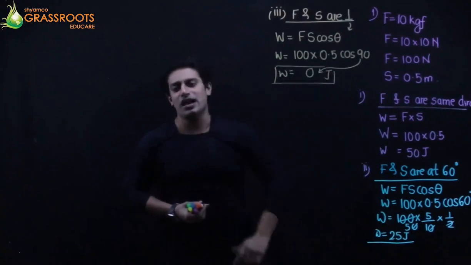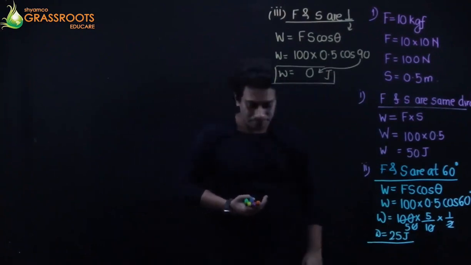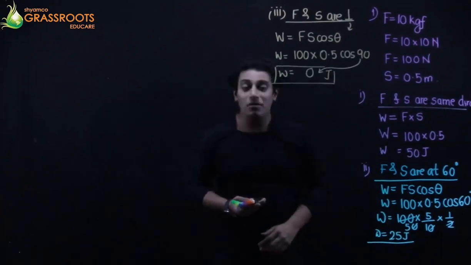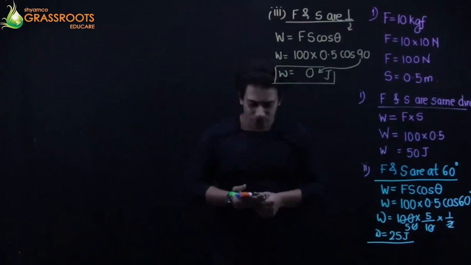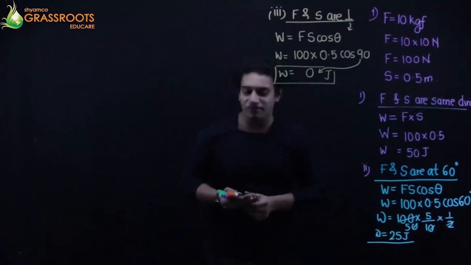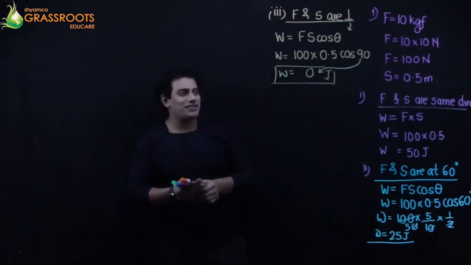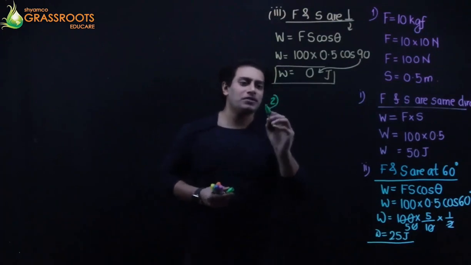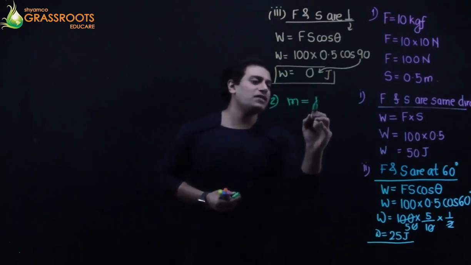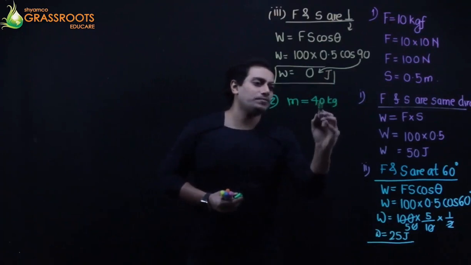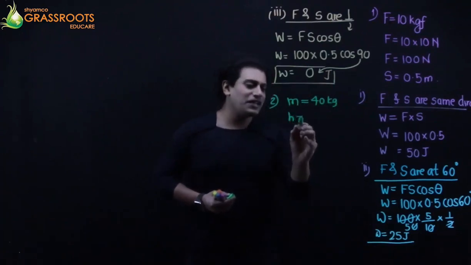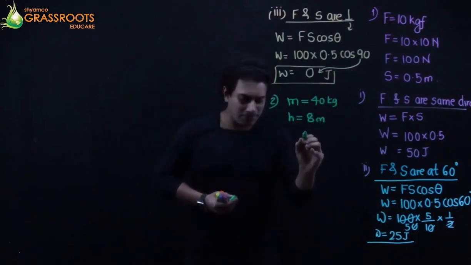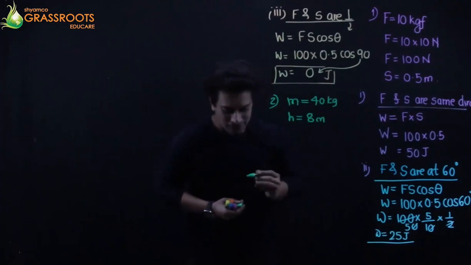3 cases, 3 answers. Second, a boy whose mass is 40 kilograms climbs up a stairs and reaches a height of 8 meters in 5 seconds. So let's write the data. Data likhe. Second, boy ka mass is 40 kg, height is 8 meters, time is 5 seconds.